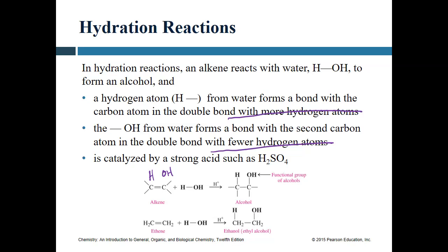Now in the examples that were given here, there's no preference. And the reason there's no preference here is because we aren't shown what the character is on those two carbons in terms of how many hydrogens each of them have. And in the case of ethene here, both carbons have two hydrogens, so either one's possible.